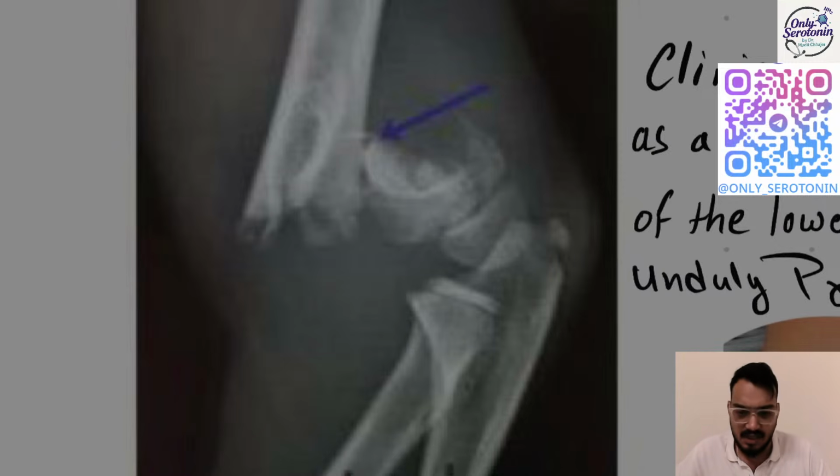Can you tell me the name of this fracture? We are talking about the humerus. Most common fracture in the humerus and most dangerous fracture in the humerus.